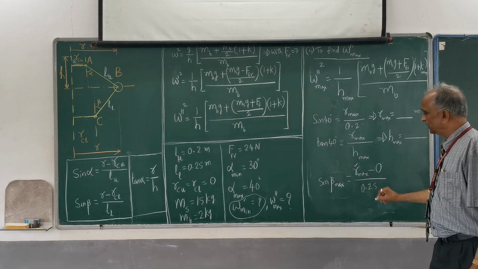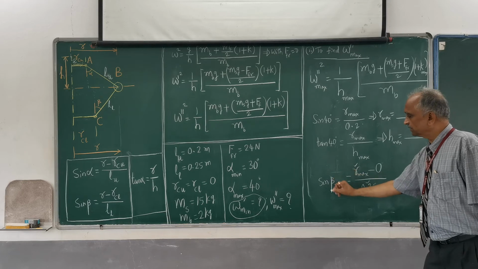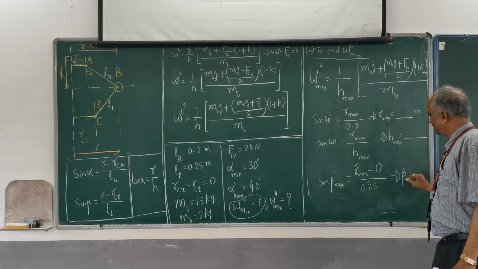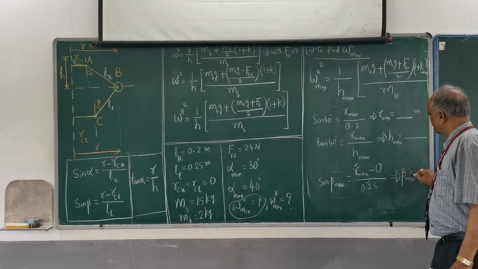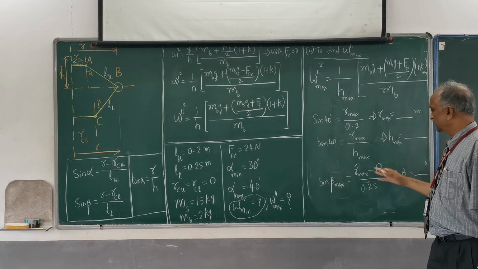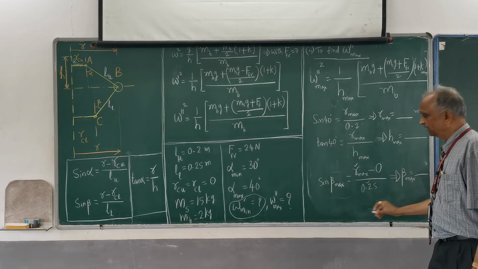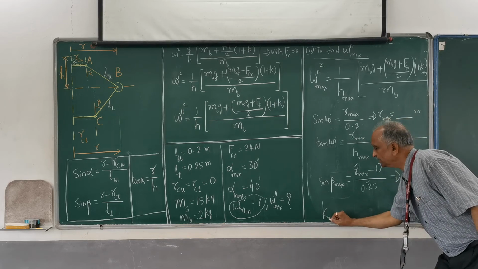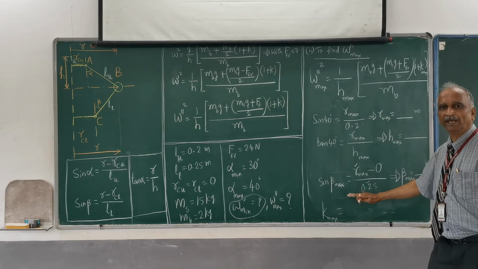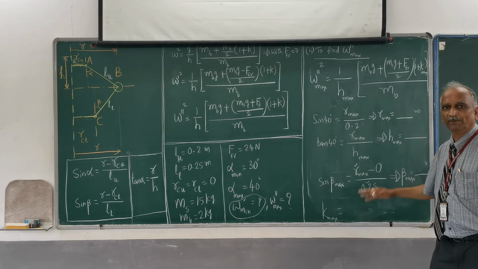So you know this value, and beta max is the only unknown, so you can find it. So many degrees. You know alpha max, the 40 degrees, and you know beta max, and therefore you can easily calculate k max, that is tan beta max divided by tan alpha max.